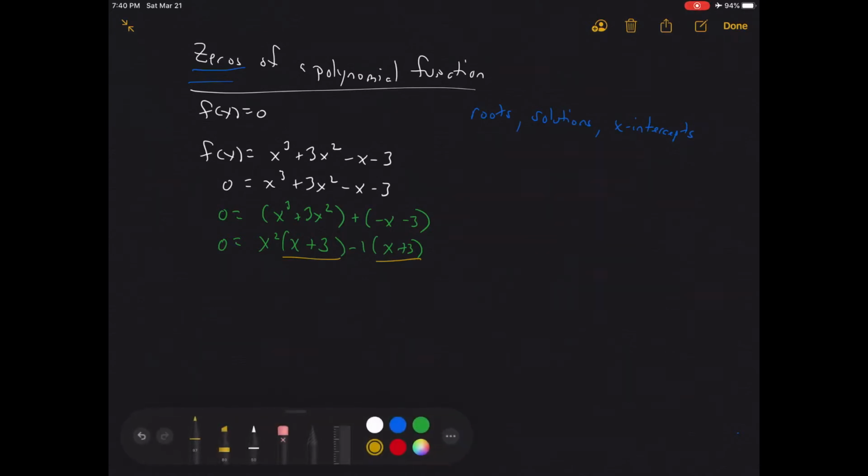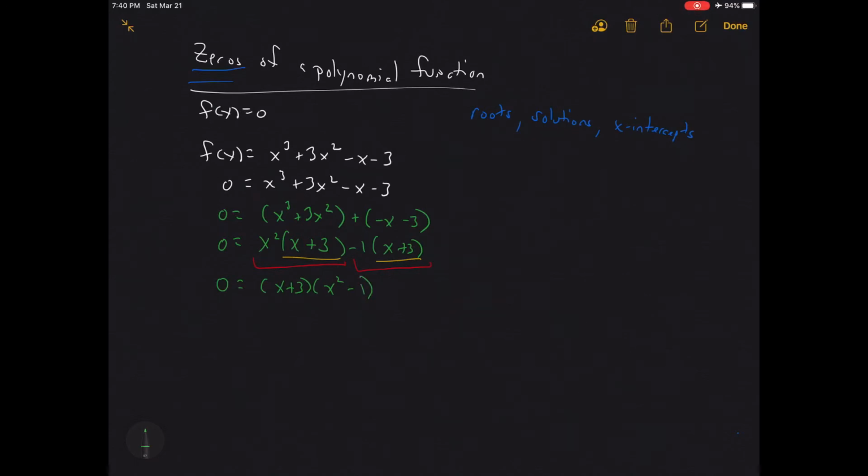And what you can see now is that this whole thing right here is one term. This whole thing is another term. The thing that's in common now is the x plus 3. That's the common factor. So now I can factor out the common factor of x plus 3 from each one of those. Well, if I take out the x plus 3 from the first one, that just leaves you with an x squared. And if I take out the x plus 3 from the second one, that just leaves that minus 1.